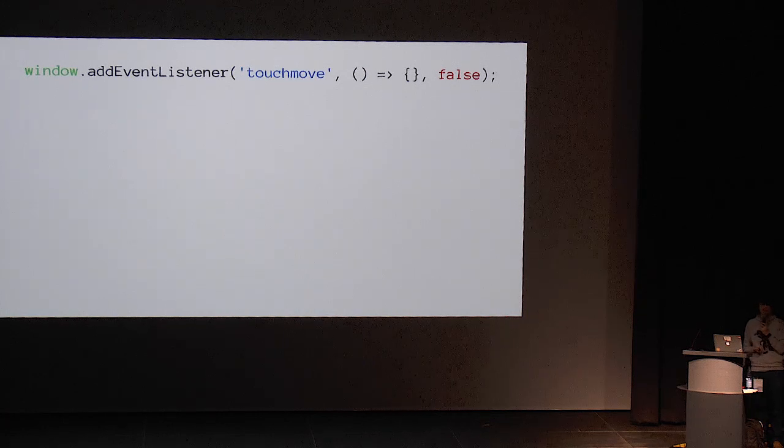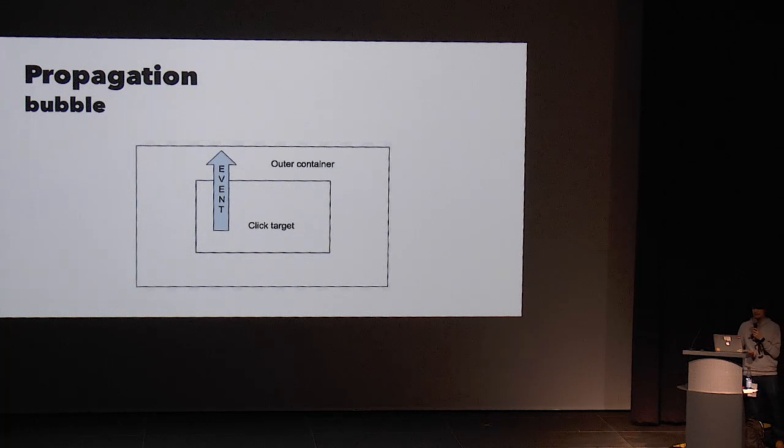If you set it to false or don't set it at all, then events flow basically like this. Look at my awesome Google drawing skills there. When you click on the target, the click target's event handlers will be called first, and then the event will bubble up through all the ancestors, and the event handlers there will be called. That's the default nowadays.